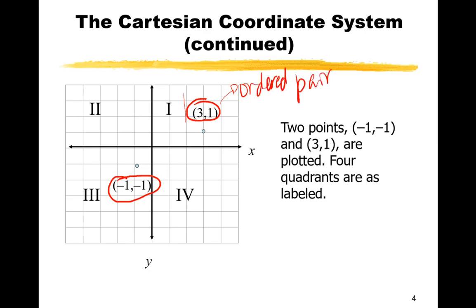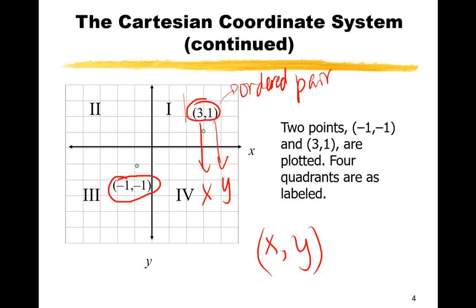Okay? Yung first number will represent the value na nasa x-axis, and the second number is the one na nagre-represent ng value sa y-axis. Okay. So, ang paraan ng pagsulat ng ordered pair natin ay laging in the form of x, y. Okay?